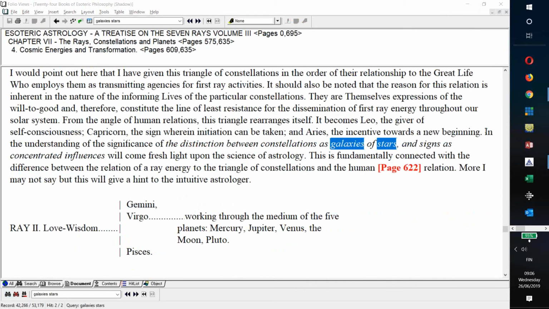between constellations as galaxies of stars and signs as concentrated influences will come fresh light on the science of astrology.